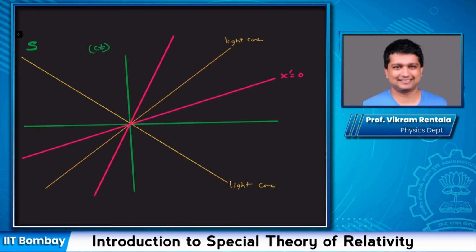Here I've drawn the t prime axis. If I call this angle theta and this angle theta prime, tan theta is beta, but tan theta prime is 1 by beta. What that tells you is that theta prime is 90 minus theta.